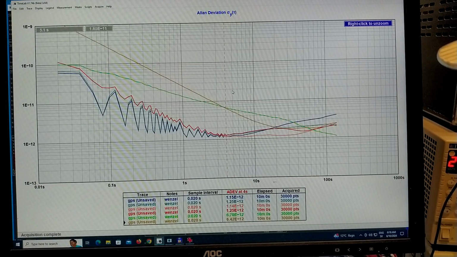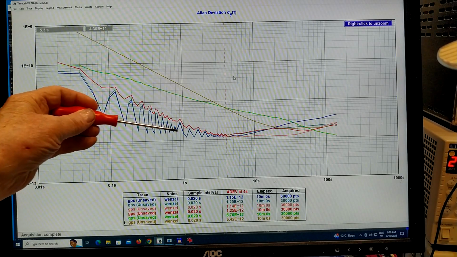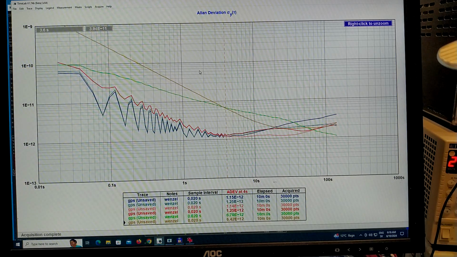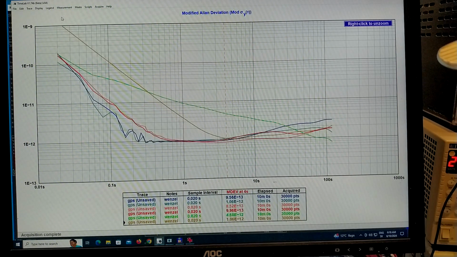Well, it is far better seen in the frequency domain. And here is the limitation of the measurement system. And that is also improved a lot if I go for the modified Allan.